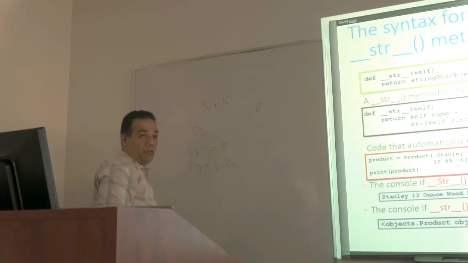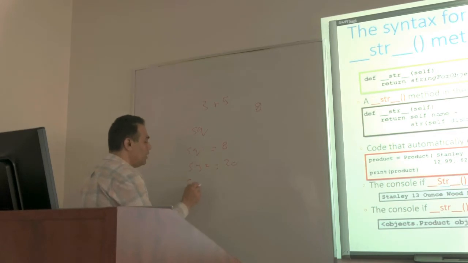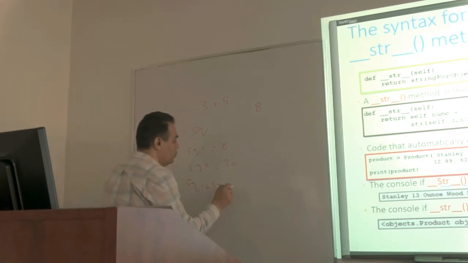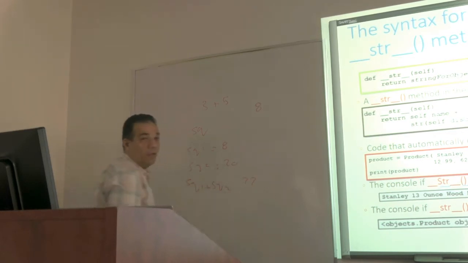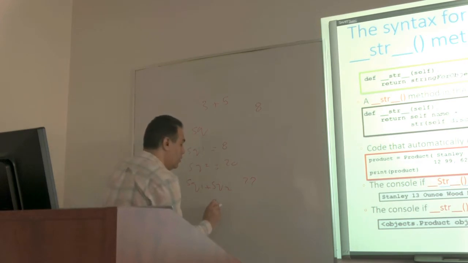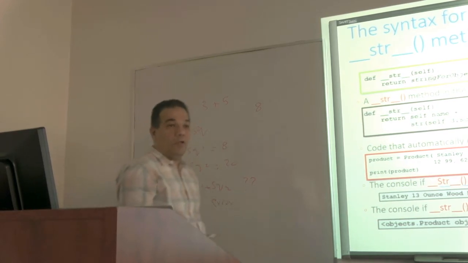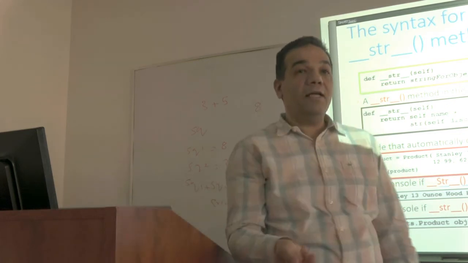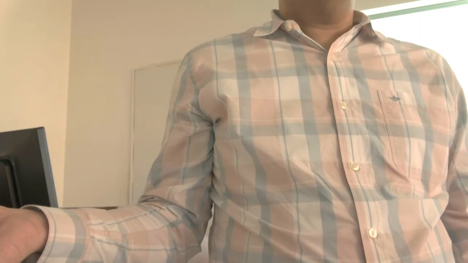This is the area. If I say square 1 plus square 2, what does it give me? Error. I cannot add squares. Can I add squares? I cannot.